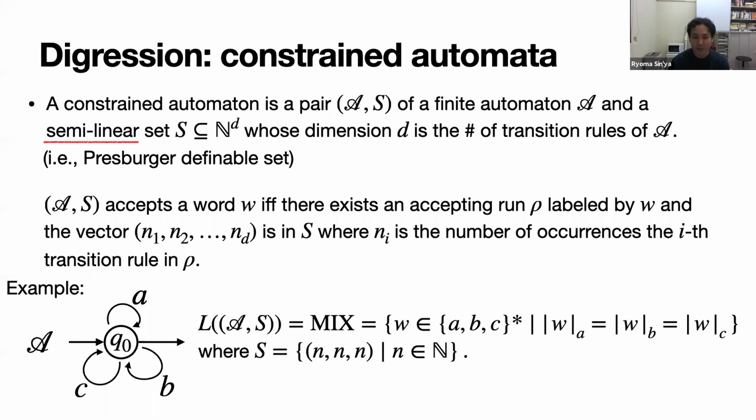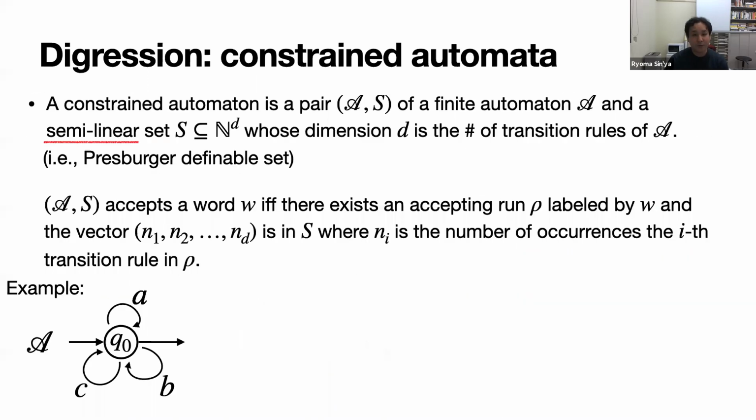But if we define the semilinear set S like this, the diagonal in the cube of natural numbers, then it accepts exactly the language called MIX, which is a non-context-free language, consisting of all words with the same number of occurrences of A, B, and C.